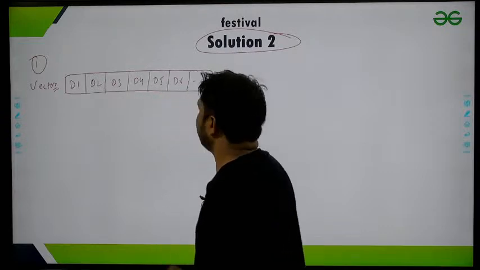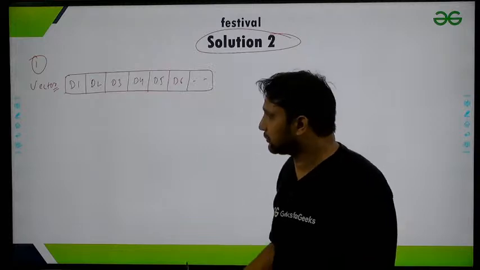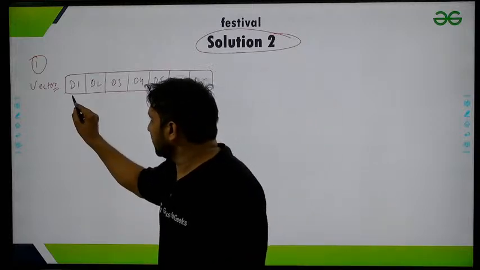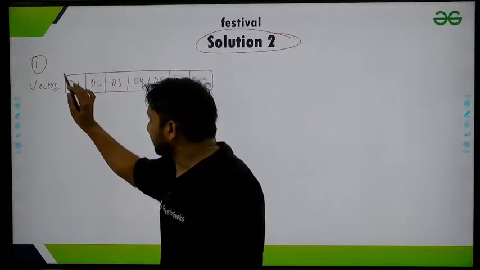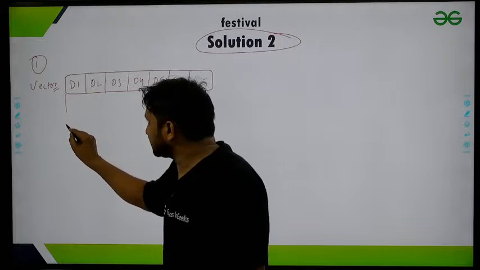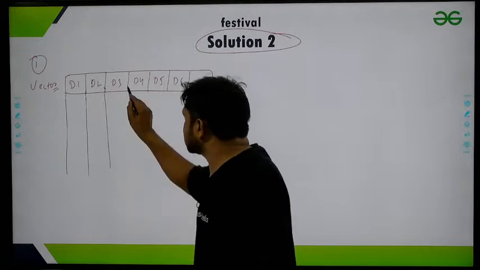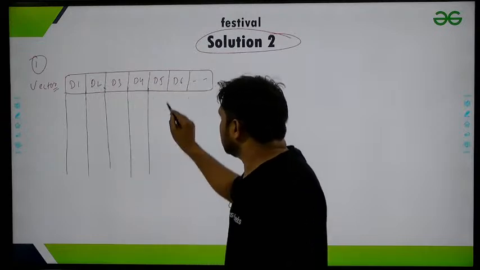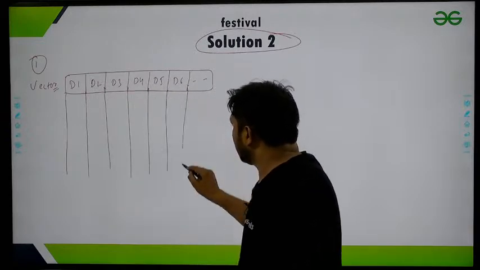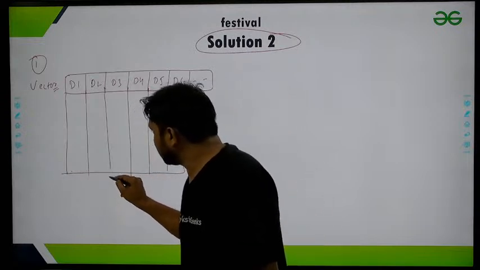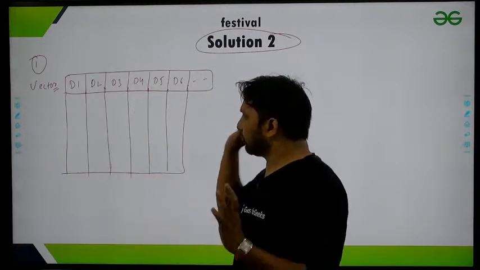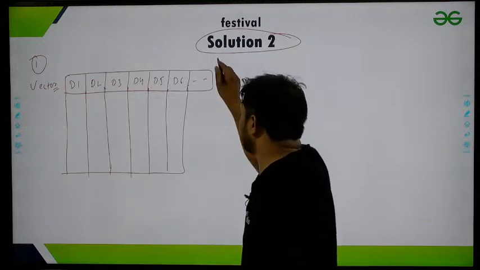How many days do I have? Let me take up to day 6. In the first step, let me convert it into the form of a matrix, so that this data will be clear to you. I'm taking 6 days; you can take more days also. I'm taking one example, that's it.